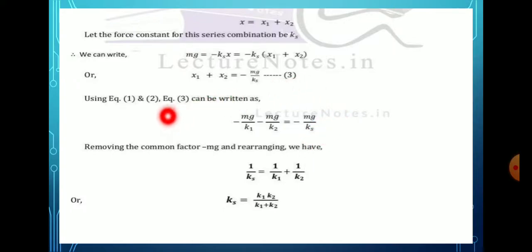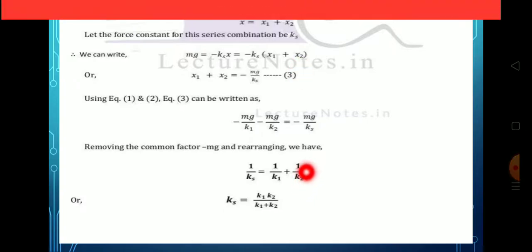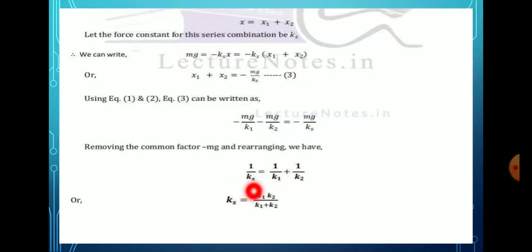When adding these three equations, removing the common factor minus mg and arranging, cancelling some terms, we get 1 by Ks is equal to 1 by k1 plus 1 by k2. Rearranging this equation, we get Ks is equal to k1 into k2 divided by k1 plus k2.